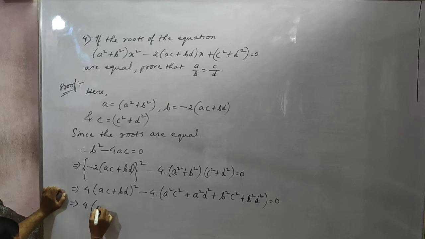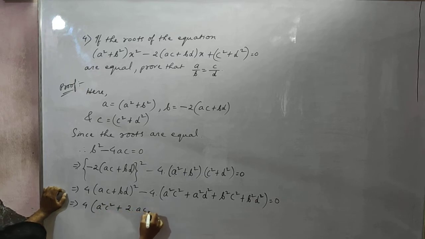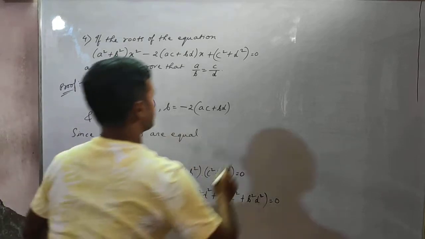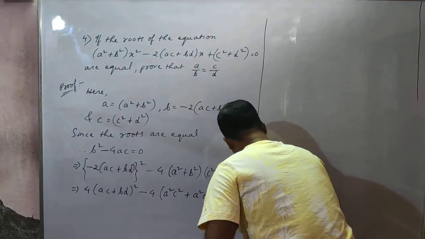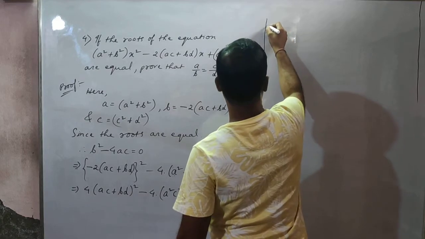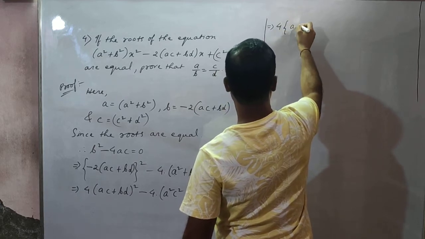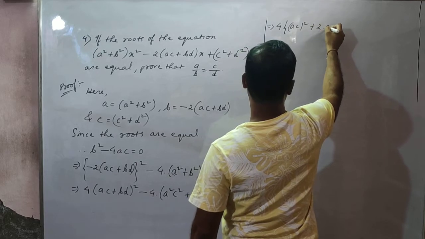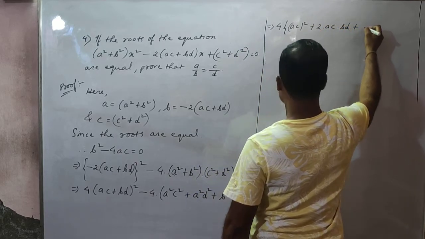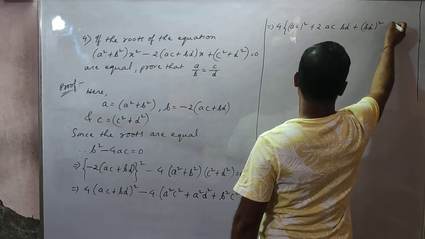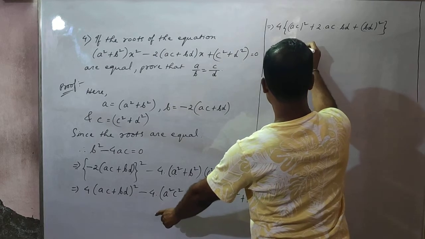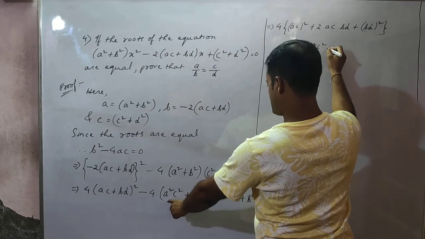Okay, so this will be a square plus 2 into a into b plus b square minus 4 a square c square.